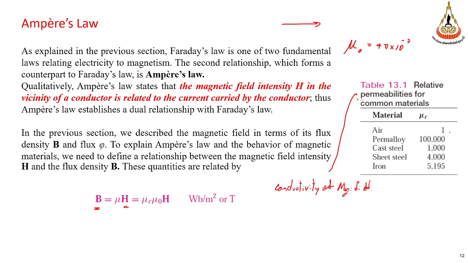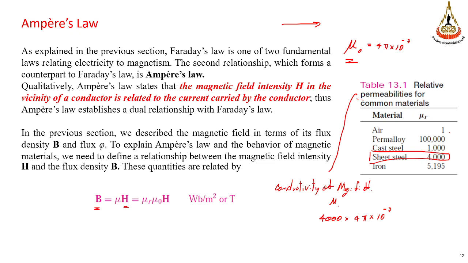Then usually we show the permeability in terms of mu zero, the free space permeability. If we use sheet steel, for example, it will be 4,000 times 4 pi times 10 to the power minus 7.